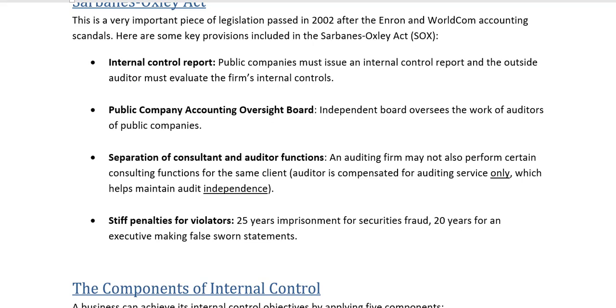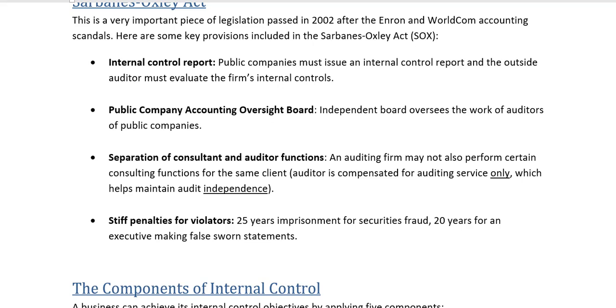So the implication was, if we weren't getting a clean audit from Arthur Andersen, we would find a different consultant. So you would lose a whole lot of revenue if you didn't comply with what Enron wanted. And that was a severe example of audit independence being compromised.